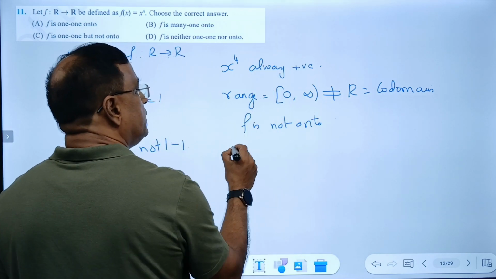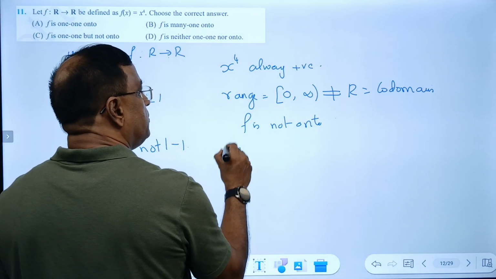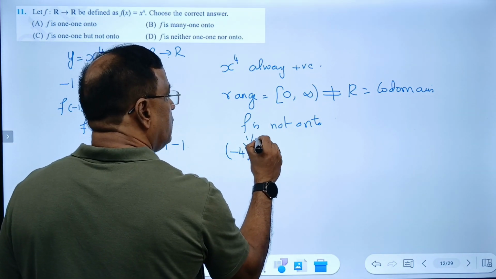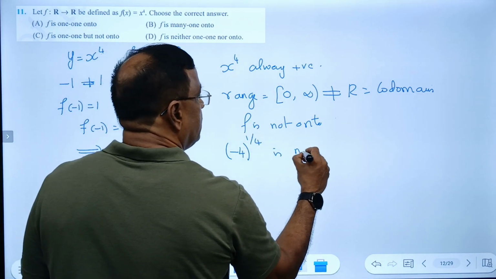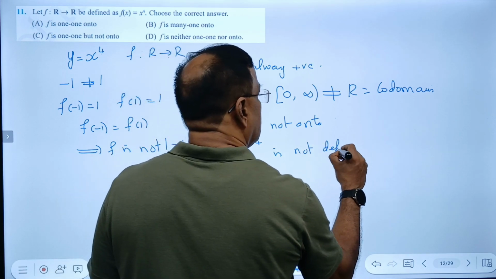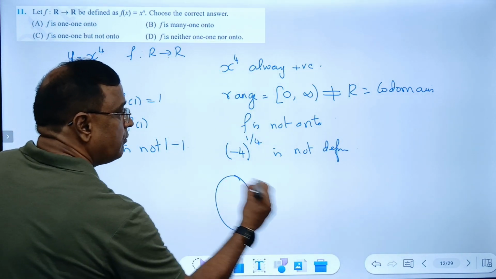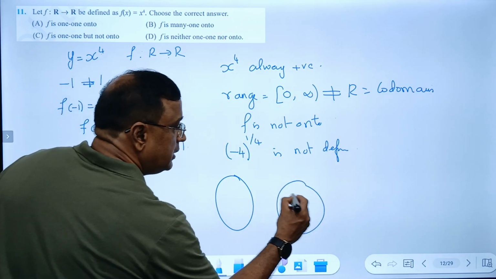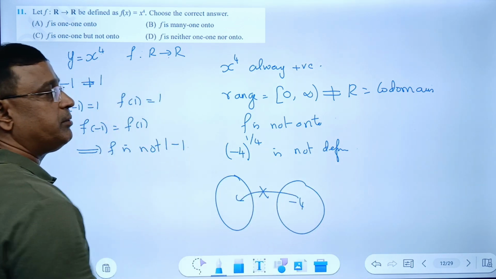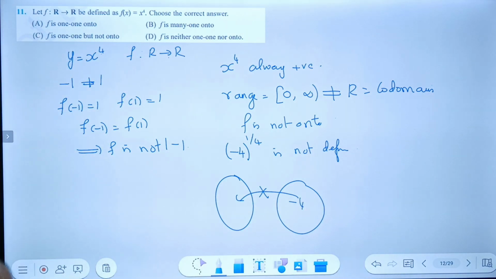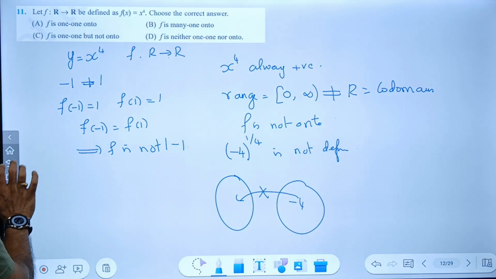Or if you want, you can say minus 4 power 1 by 4 is not defined. So minus 4 doesn't have a pre-image. If you have minus 4, it does not have a pre-image. Therefore f is not onto. Okay, so again, we can just visualize this quickly.